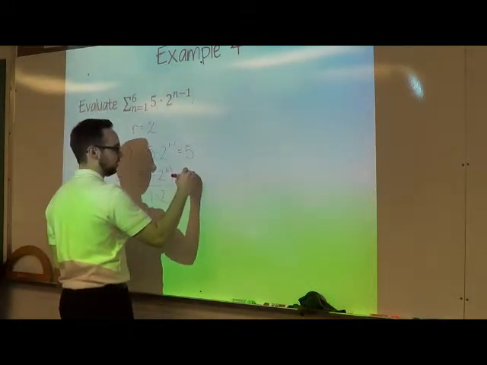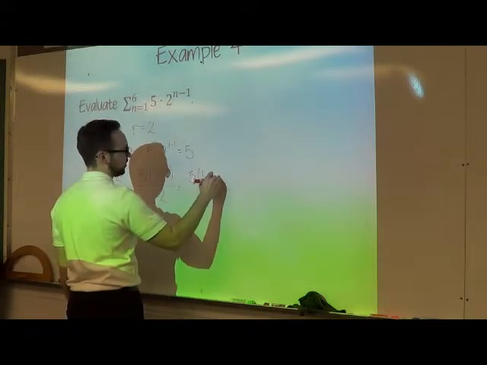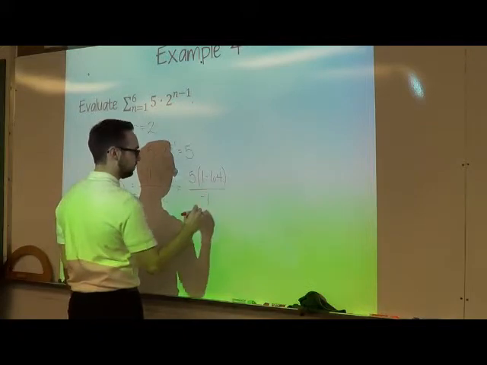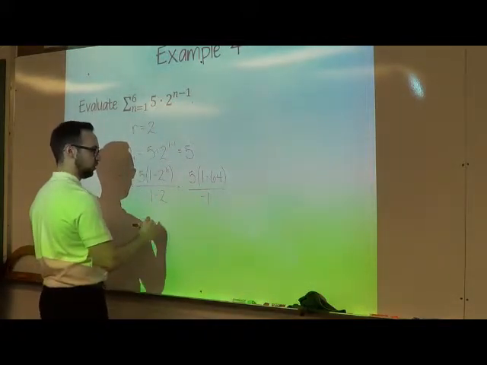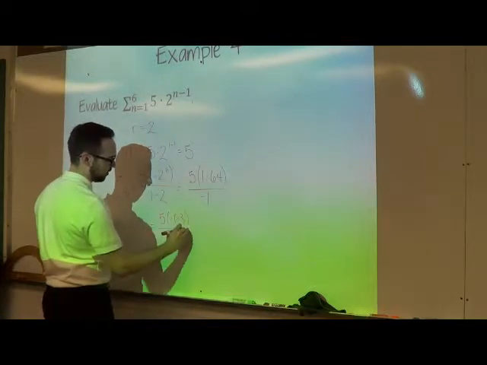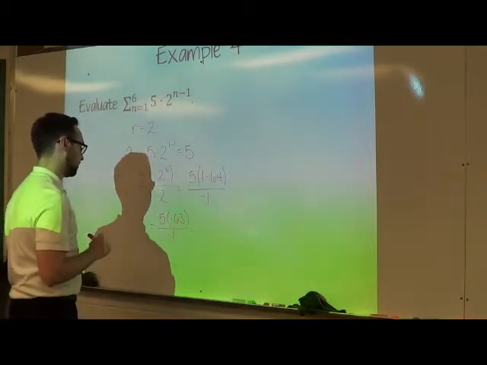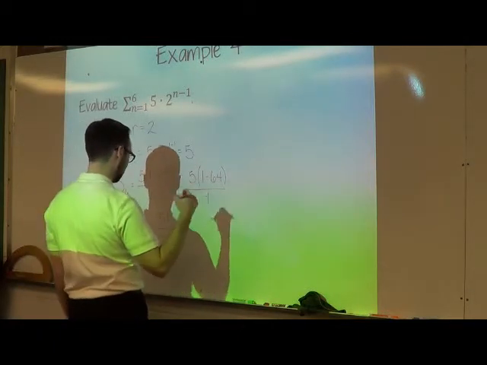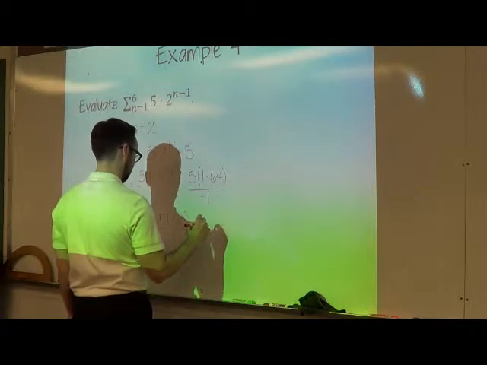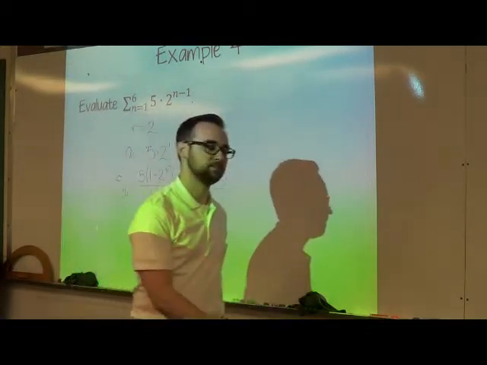So we get 5 times (1 minus 64) all over negative 1. So we get 5 times negative 63 divided by negative 1, and that will end up giving us a positive 315.